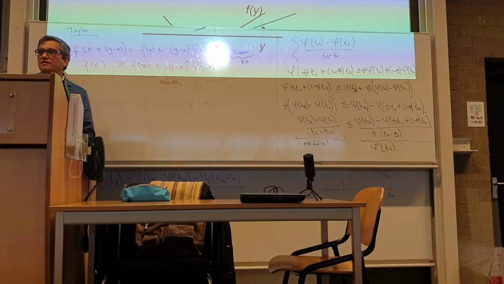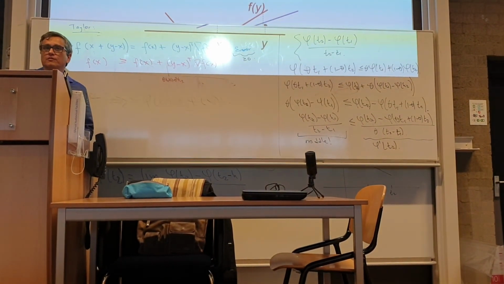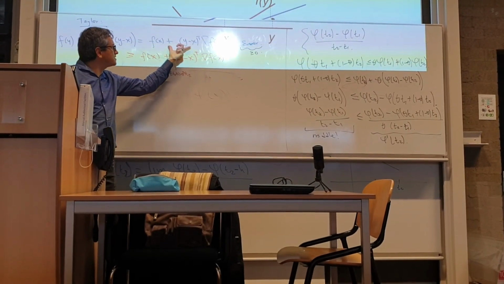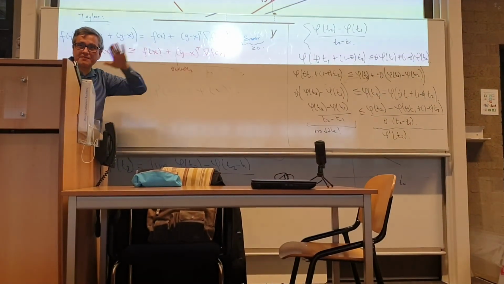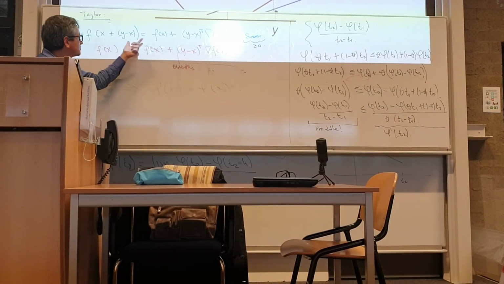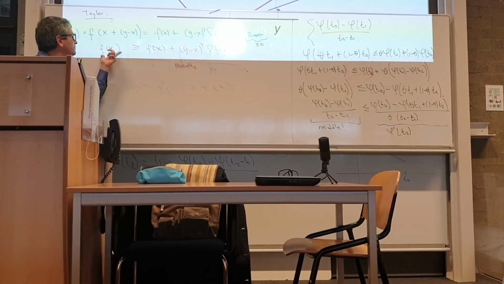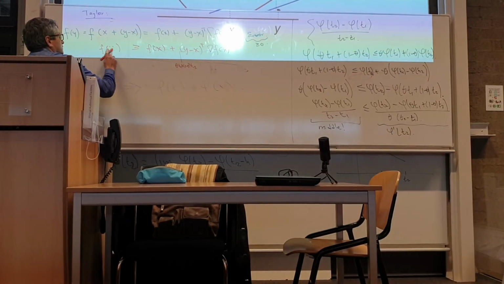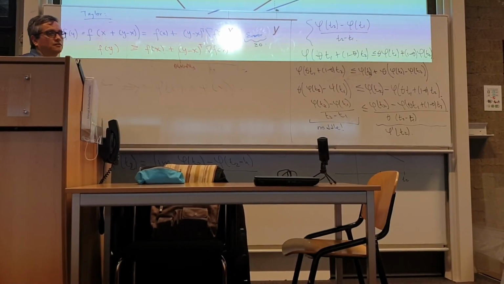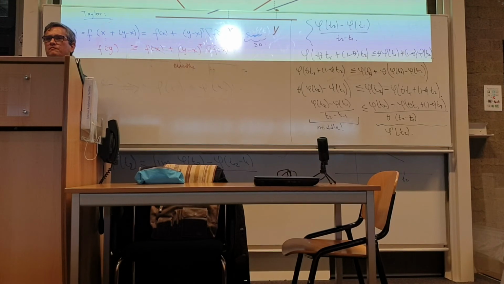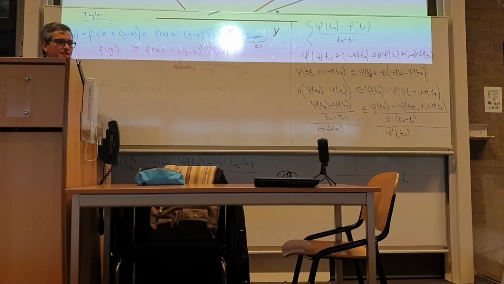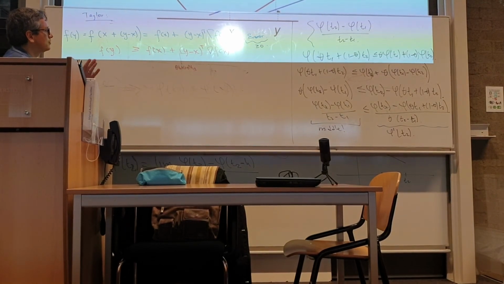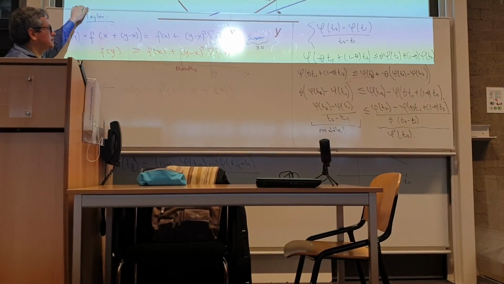What this is saying is that Taylor gives my best first order approximation, the hyperplane. For a convex function, the hyperplane is below the function, I mean below f of y. So the first order approximation is always below.